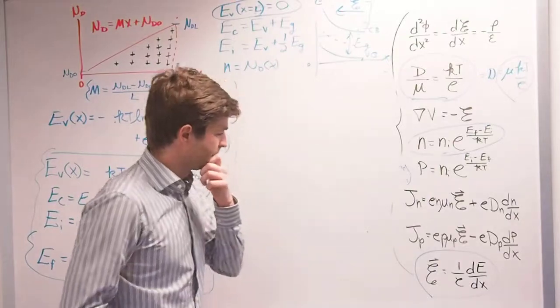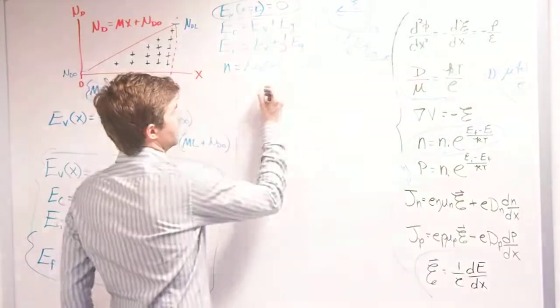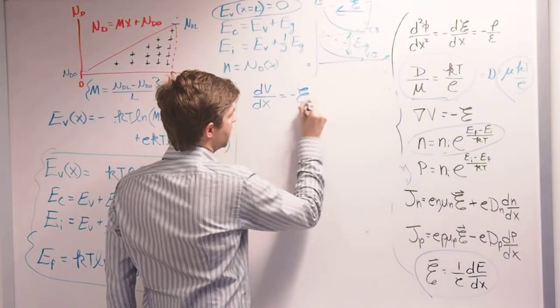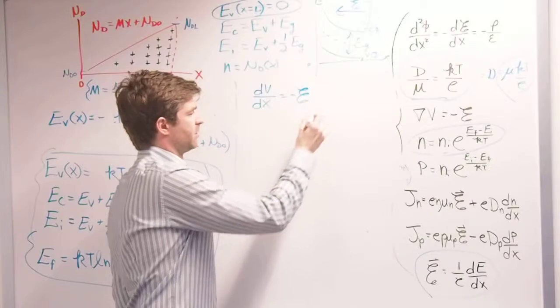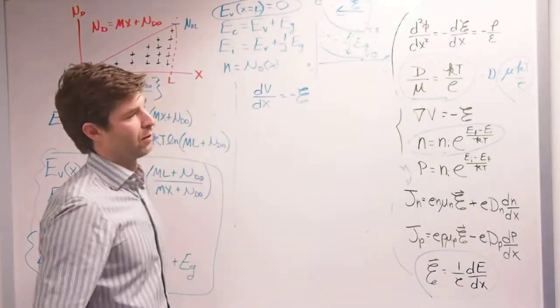So we want to figure out what that is. To figure out our built-in potential, VBI, we can go back to this term right here, which is dV over dx equal to negative E. We can do basically what we did before, but we're going to integrate from 0 to L to find our total VBI.